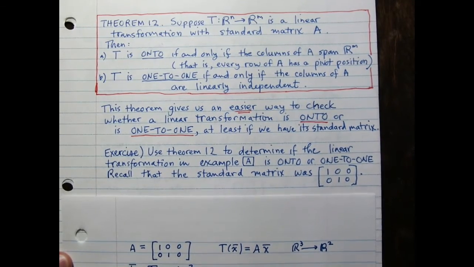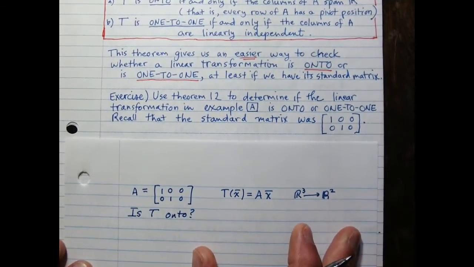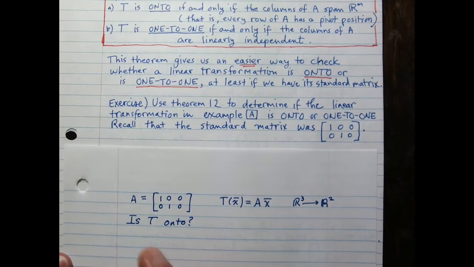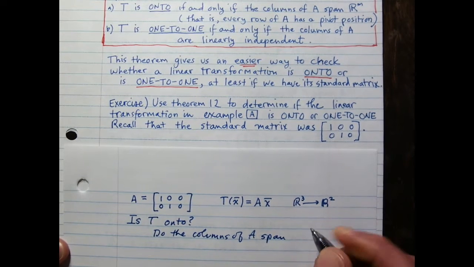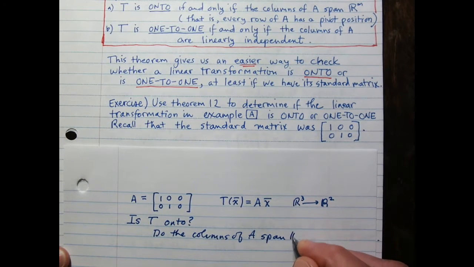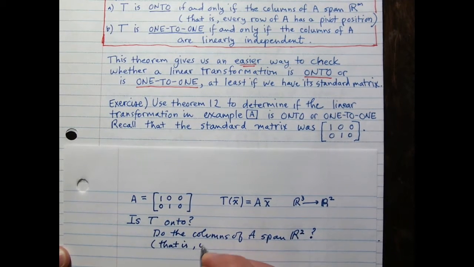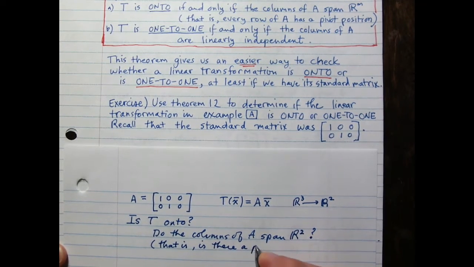And so the first question is, is T onto? Again, we're going to answer this question by applying our theorem. The question is, do the columns of A span R2, the codomain space? And another way to answer that is, is there a pivot in every row?